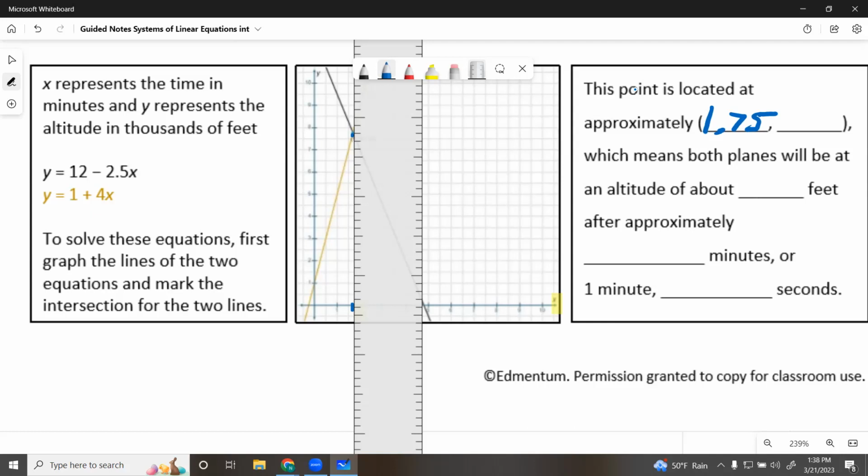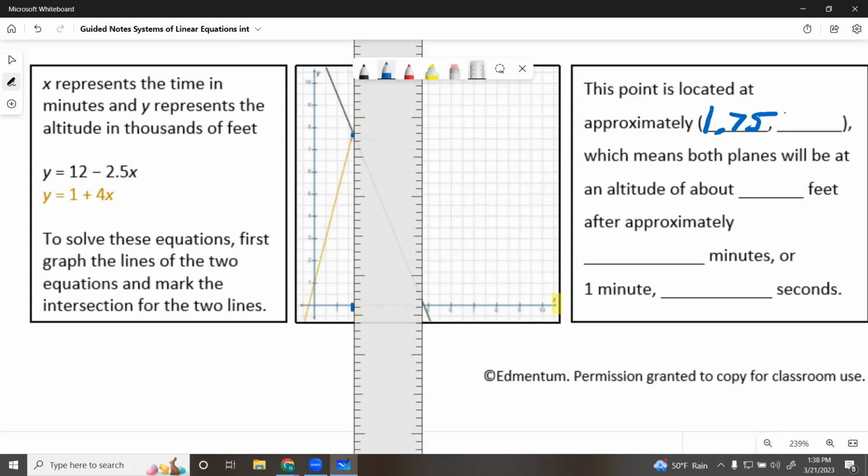Now, altitude is measured in thousands of feet. So it says 1, that's 1,000, 2,000 feet, 3,000 feet, 4,000 feet, 5,000 feet, 6,000 feet, 7,000, 7,500, and it looks like it's in between 7,500 and 8,000.